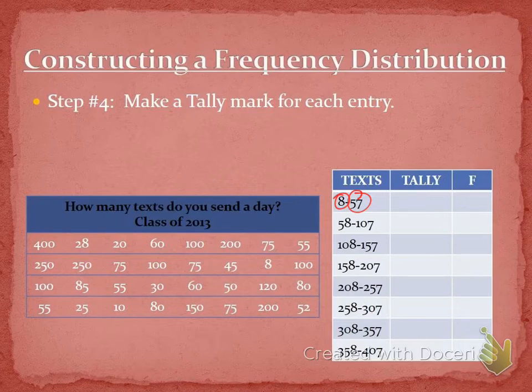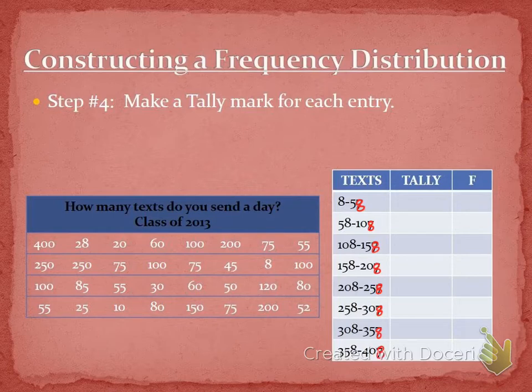I know if you subtract 57 minus 8, you get 49, but we're counting 8 and 57 there. So actually, it's going to make more sense to adjust this. If we're going to be 50 wide, then this needs to be a 58. This needs to be a 108, 158, 208, 258, 308, 358, and a 408.